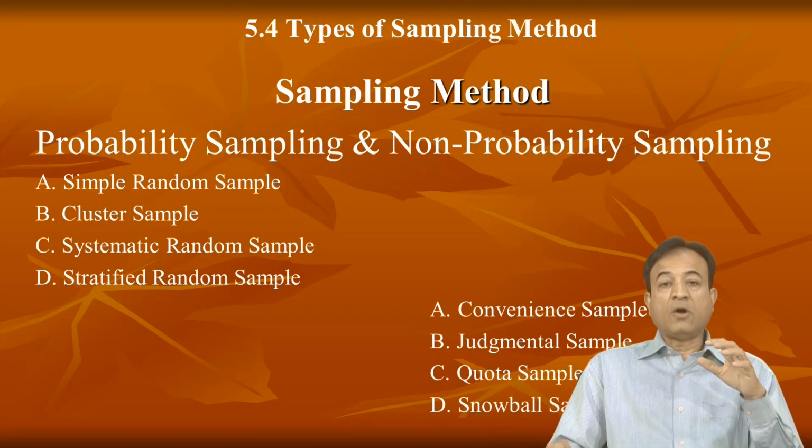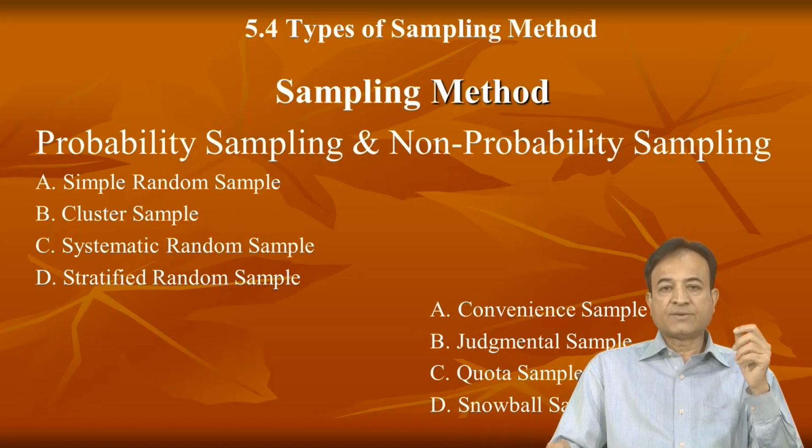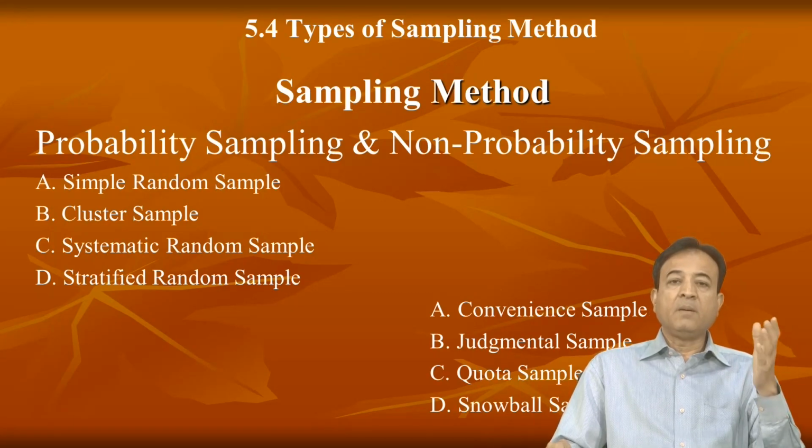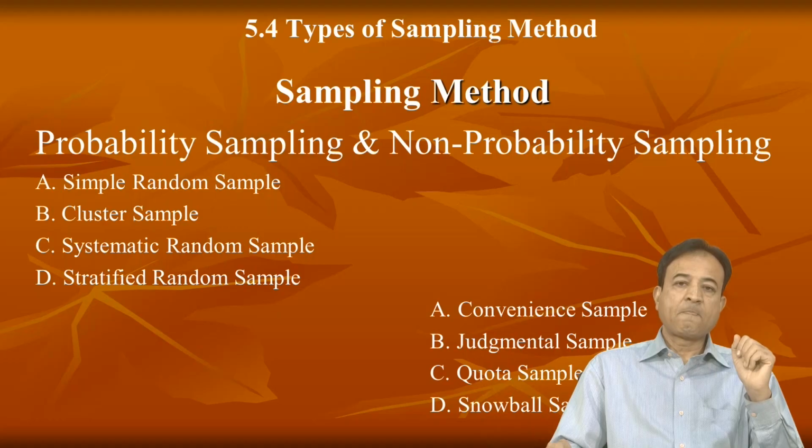Each group is called a cluster. It means one cluster has students from BBA, BCom, BE, and BCA graduate study. Then the researcher selects a sample from each cluster.